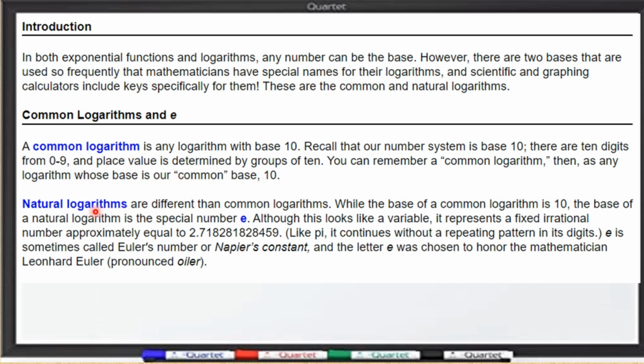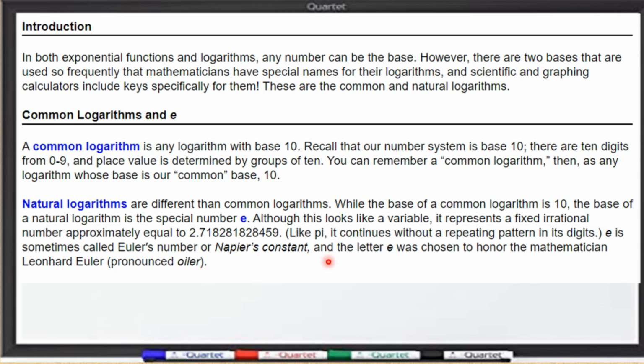On the other hand, natural logarithms are different than common logarithms. While the base of common logarithm is 10, the base of natural logarithms is the special number e. Although this looks like a variable, it represents a fixed irrational number approximately equal to 2.718281828459.